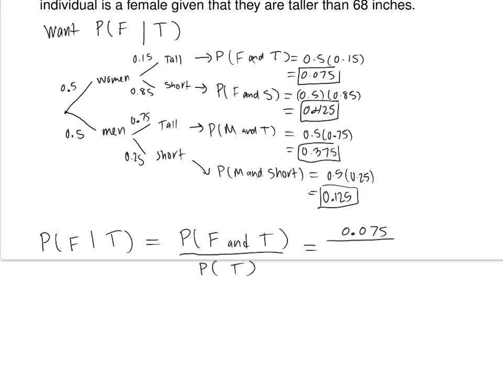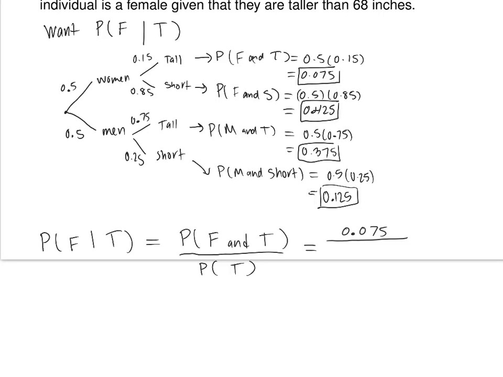Okay. And then, now probability of tall. Is that one of the branches at the ends? You have to add them. So if you're tall, you're either woman and tall or you're man and tall, right?